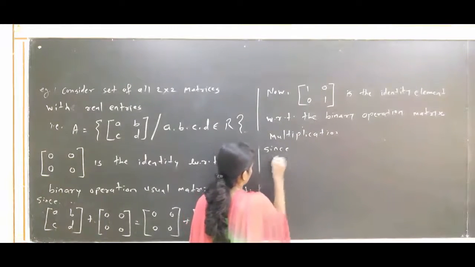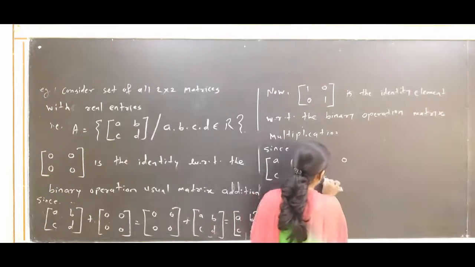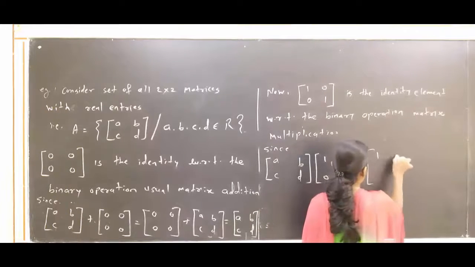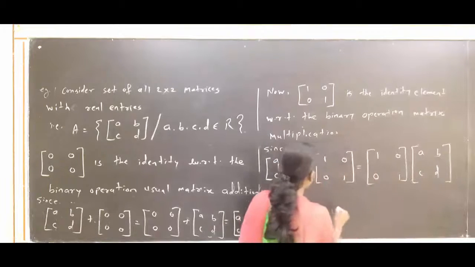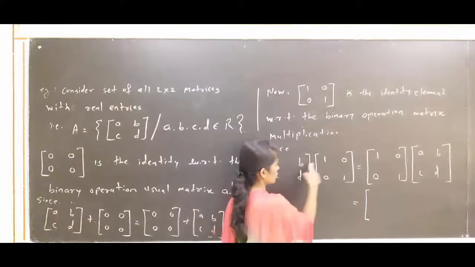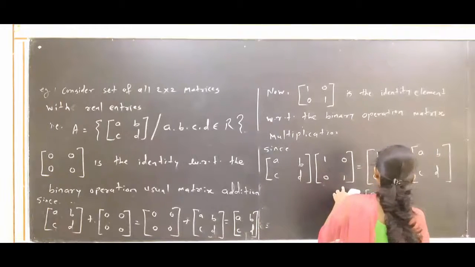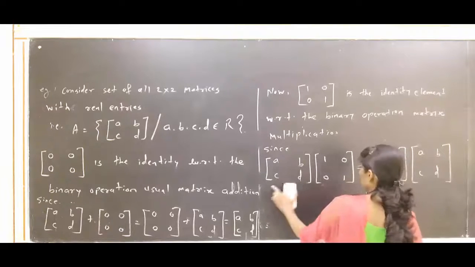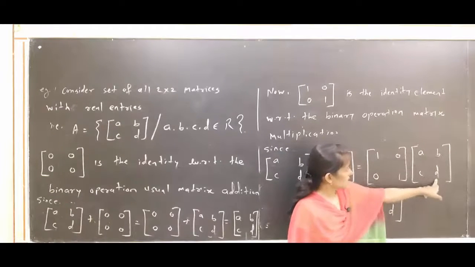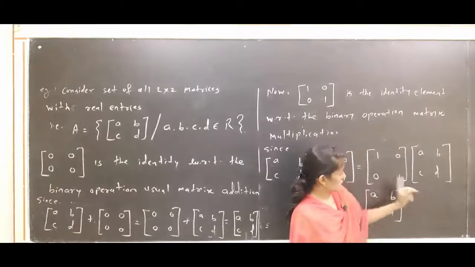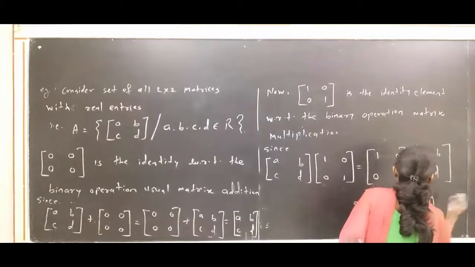Since same A, B, C, D matrix belongs to the set A, into 1 0 0 1 is equals to 1 0 0 1 into A, B, C, D. So if we solve this, first row, first column we get element A, first row, second column we get element B, second row, first column we get C, and second row, second column we get D. Similarly here first row, first column A, first row, second column B, second row, first column C, and second row, second column D. So we get matrix A, B, C, D, and again which belongs to the set A, right?